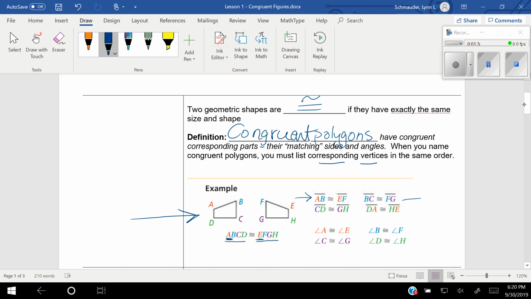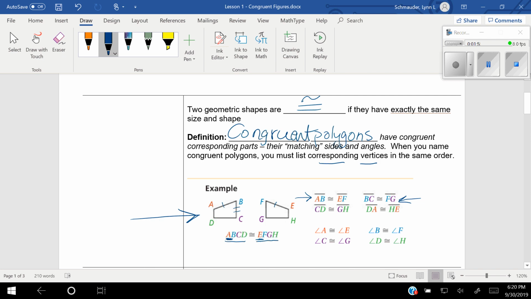Okay, BC is congruent to FG, so I'm just going to mark these parts as I go. AB is congruent to EF, BC is congruent to FG, and guys, because these are each two sets of congruent sides, we have to mark them differently, right?